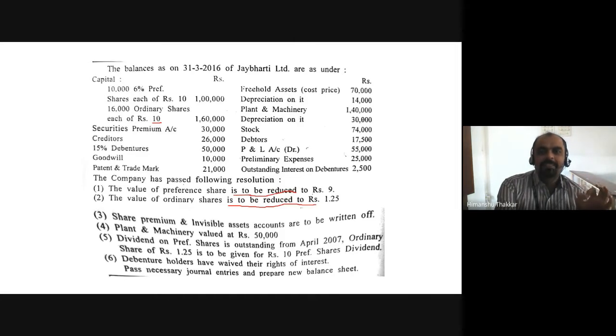When a liability side item is to be reduced, as a businessman you wish that the liabilities would reduce, it will be a benefit situation, and when there is a benefit situation you have to credit capital reduction and debit whatever item is getting reduced.